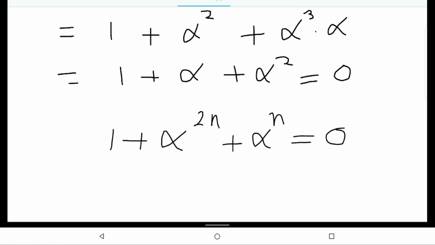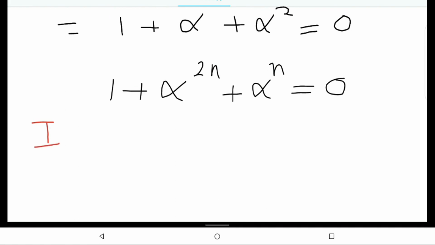Just additionally, if n is a multiple of 3, that's not part of the question, but we can answer that as well. If it's not a multiple of 3, we have already done.